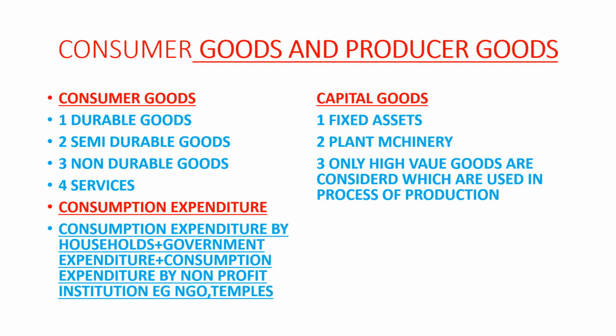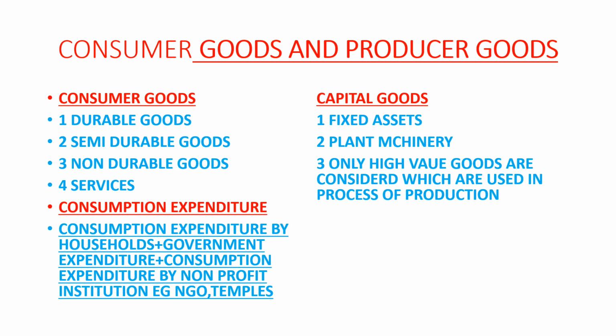Now the difference between consumer goods and producer goods. Consumer goods are goods finally produced for consumer to satisfy their wants. And they can be classified into three parts.